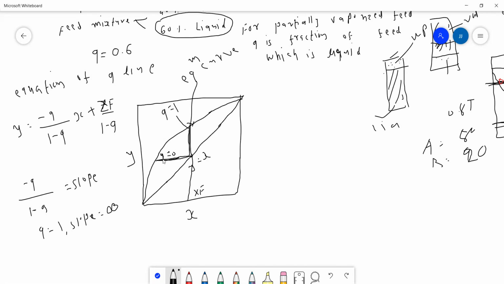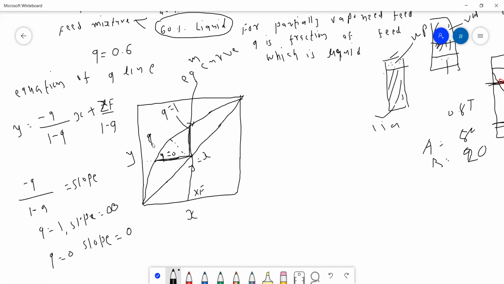If Q is equal to 0, if you put Q as 0 here, the slope will be 0, which is the horizontal line. For a horizontal line, slope will be 0 because slope is y2 minus y1, and here y1 and y2 are both the same. So slope is equal to 0.